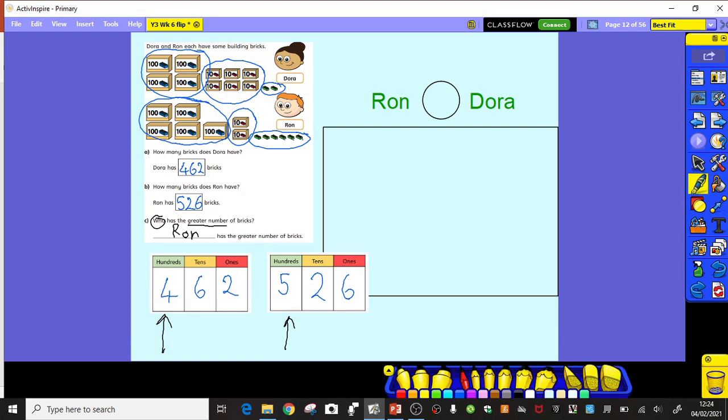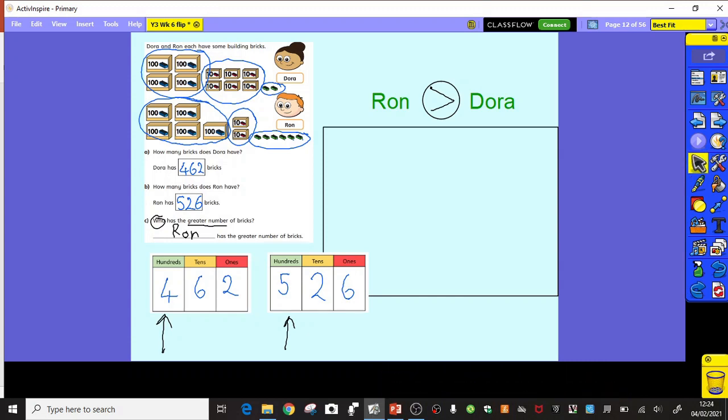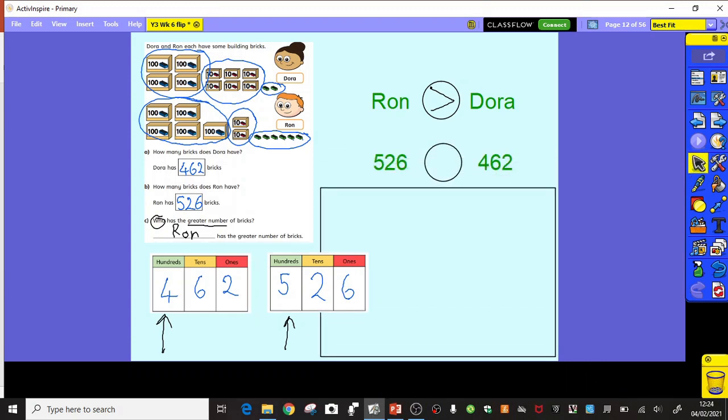So then if we come over here, between Ron and Dora, we've just worked out that Ron has the greater number of bricks, so we need to write the correct symbol into the circle. So if Ron has got the most, his number is the biggest, so the big end of my comparison symbol needs to go towards Ron. And then if we have a look here, 526 and 462.